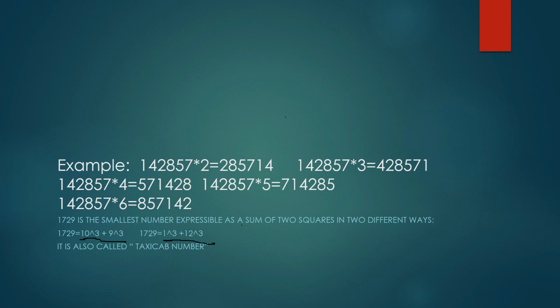Hearing that, Hardy was really shocked, and I think he even asked what is the smallest such number which is expressible as a sum of two cubes in two different ways.